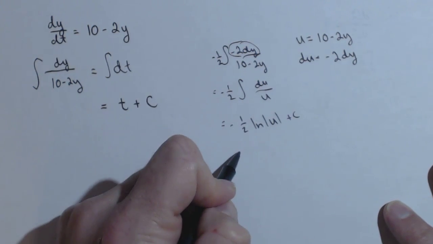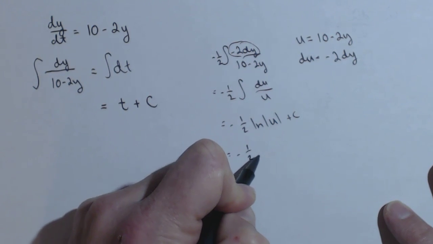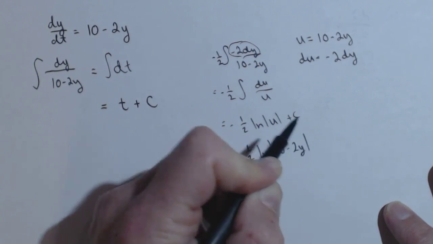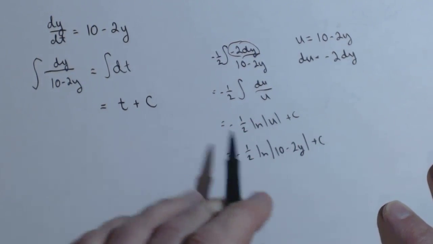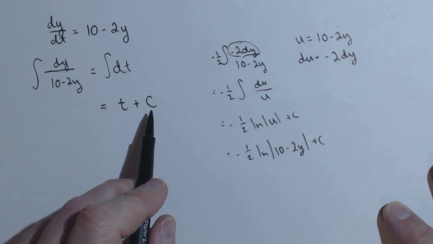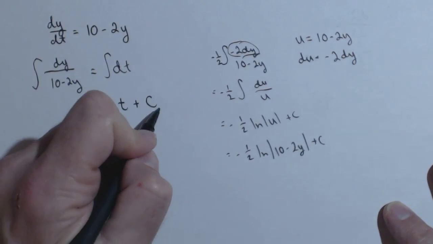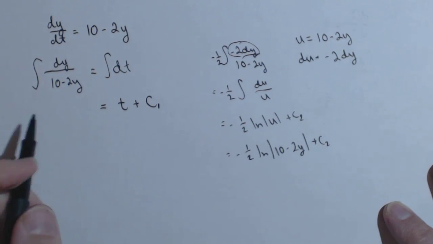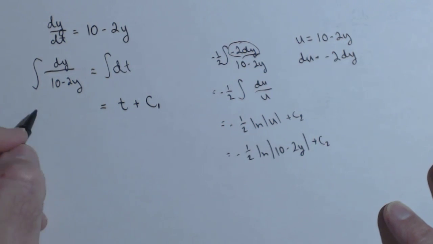We'll plug this back in. The negative 1/2 ln absolute value of 10 minus 2y plus c. We won't need the plus c for this problem because we've already put a c in there. So maybe just to differentiate, let's call this c1, c2, because they're not the same c. But there's my antiderivative.